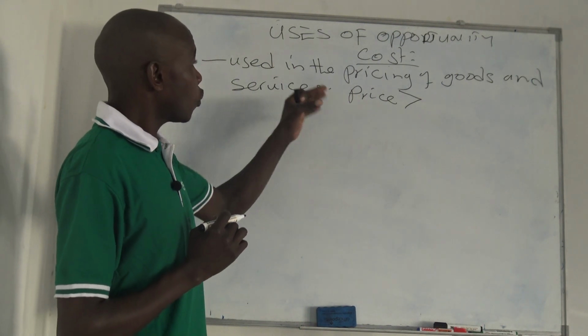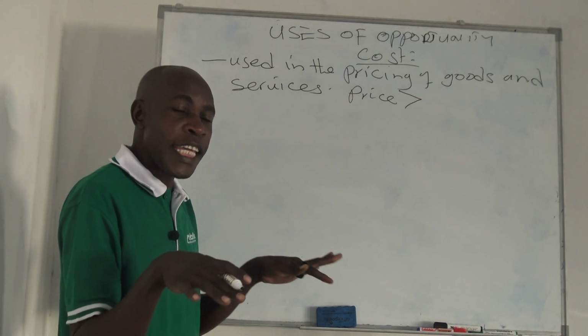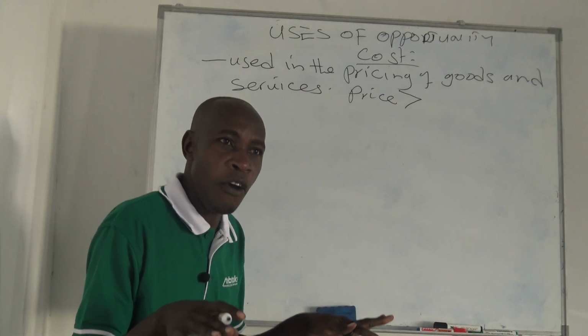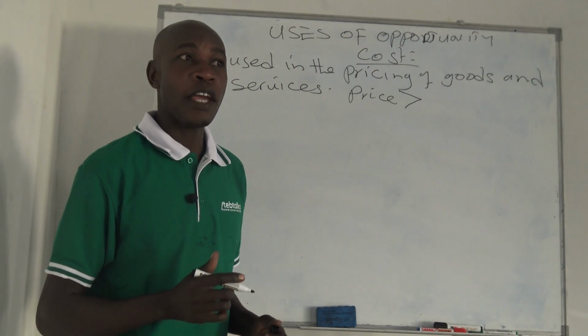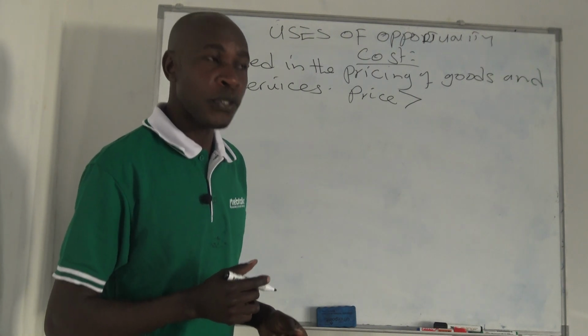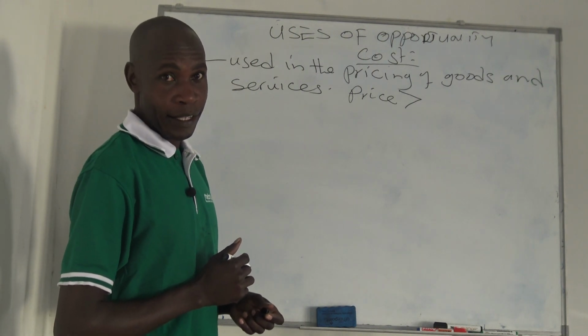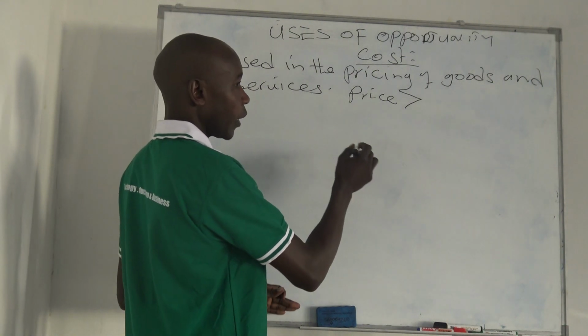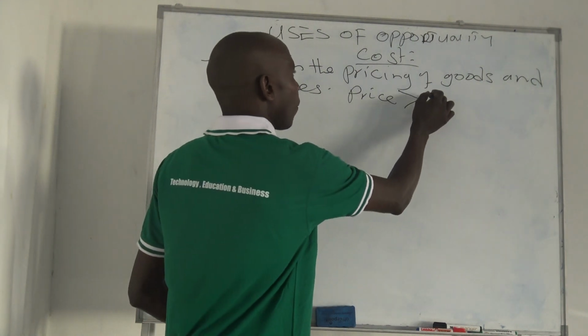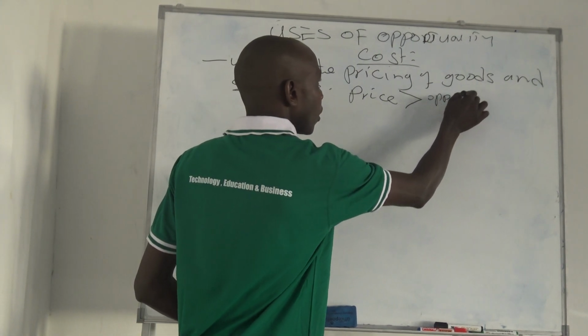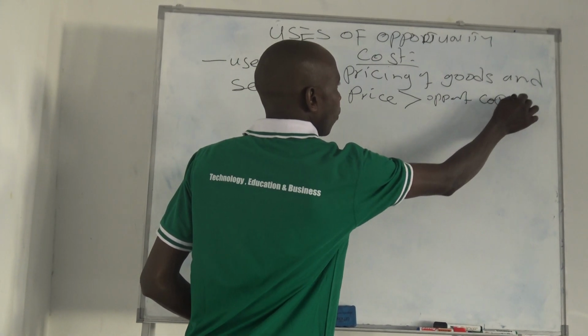So you cannot produce your commodity and say, I'm going to give it a very low price and I will be motivated. No, that way will not be a rational producer. Clear? Yes. So the price will have to always be greater than the opportunity cost of that product.